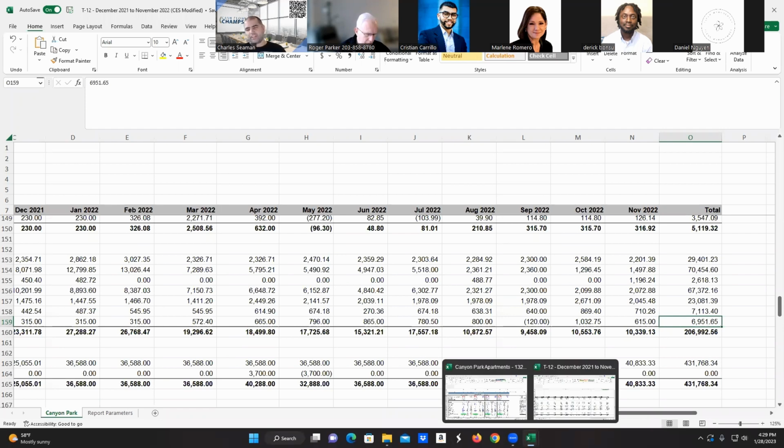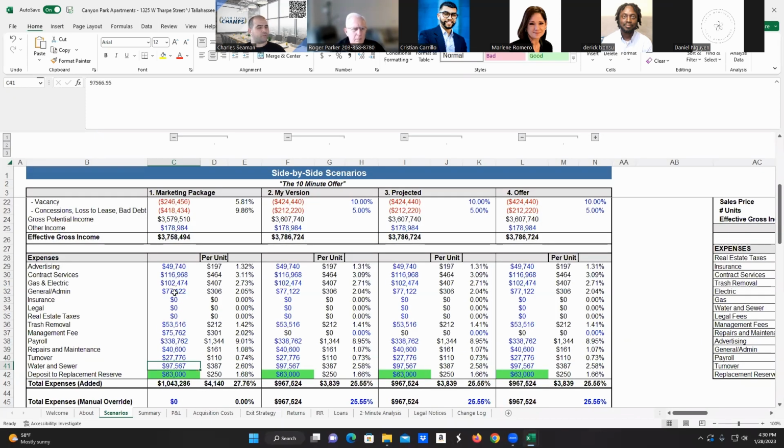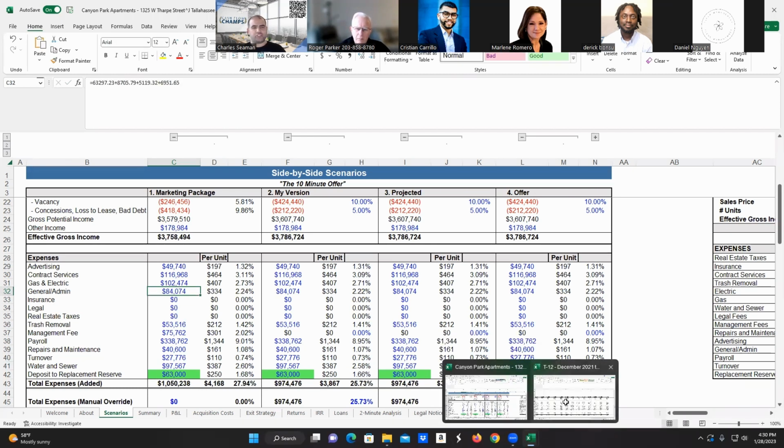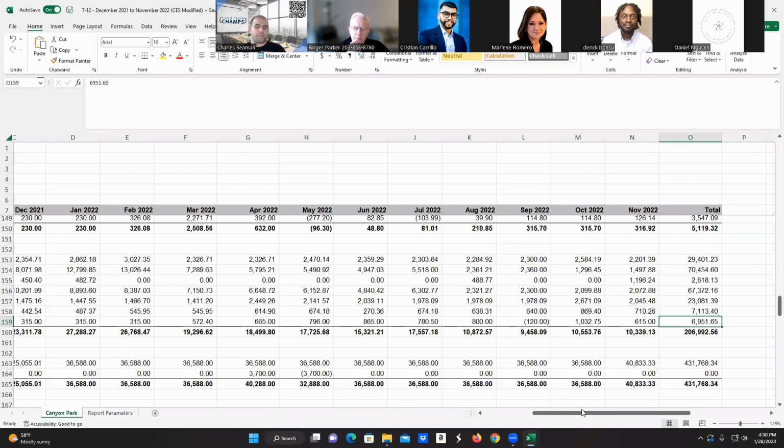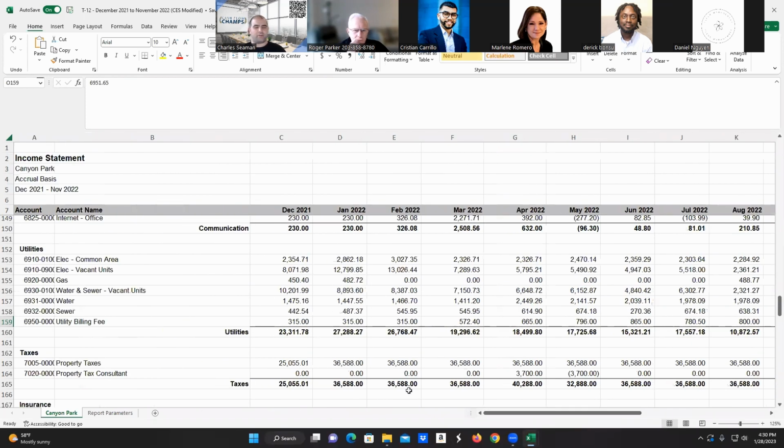Yeah. So in this case, I'm going to throw it in general admin just because there's separate line items in this for each of the utilities. But if you're using a different tool that has the utilities all lumped together, I'd probably just put it in there. The utility processing fee is usually for a third-party billing service. So most times you're paying that, and oftentimes it gets billed back to the tenants.